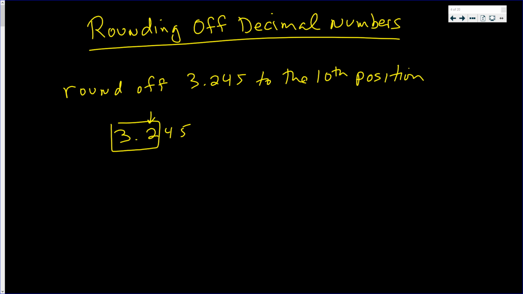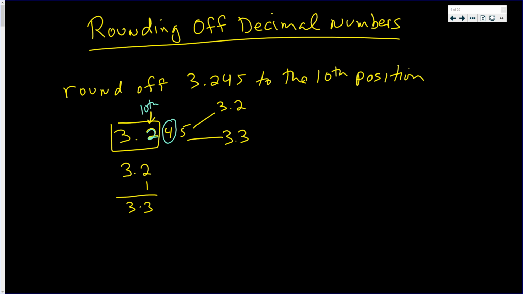Either the answer will be 3.2 or the answer will be 3.2 where we add a 1 in that position. It's going to be one of those two answers. How you tell is once you find the 10th position, go one digit to the right.